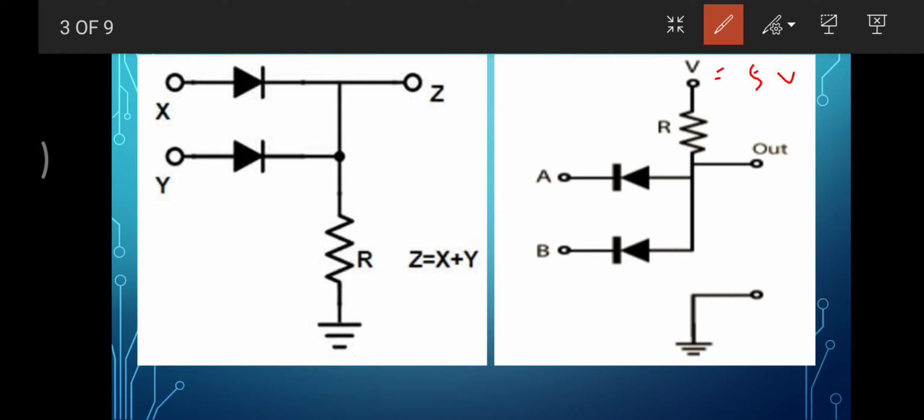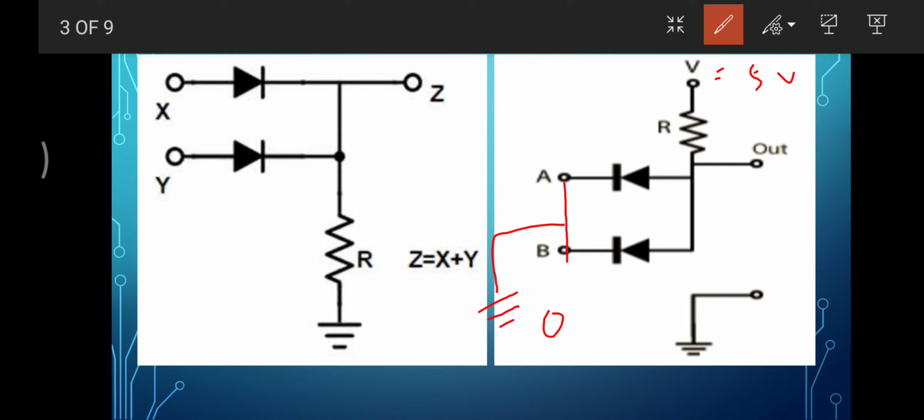So now let's see what's going to happen. Suppose that we have connected these two to 0. In this condition, the diode is forward biased. Why?